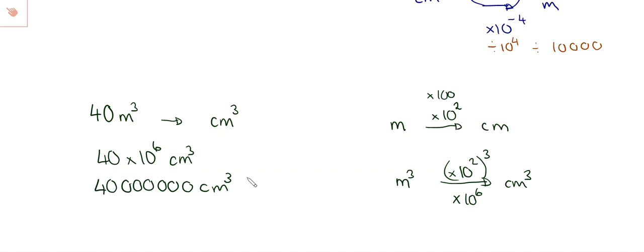So 1 cubic metre that I just showed you, if I hold that in my hand, I've got 1,000,000 cubic centimetres. There's 1,000,000 in that space. It almost doesn't seem possible, but it is.